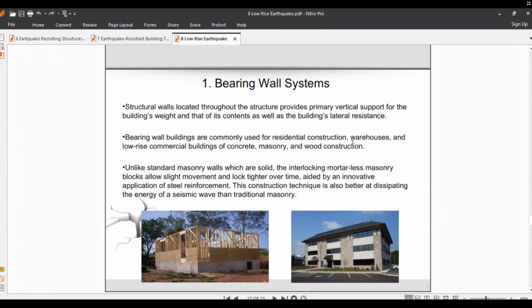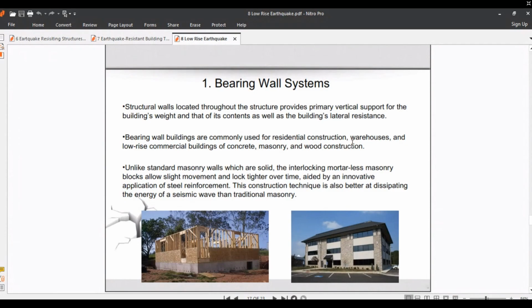A structural wall located around the structure provides primary vertical support for the building's weight and that of its contents, as well as the building's lateral resistance, as shown in these pictures.